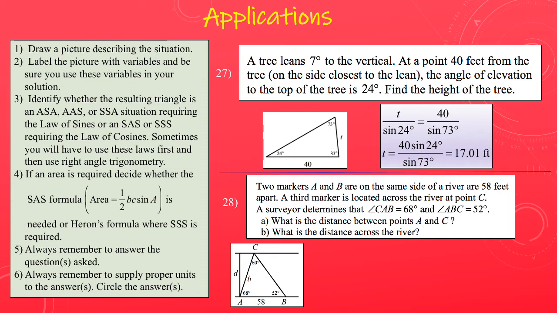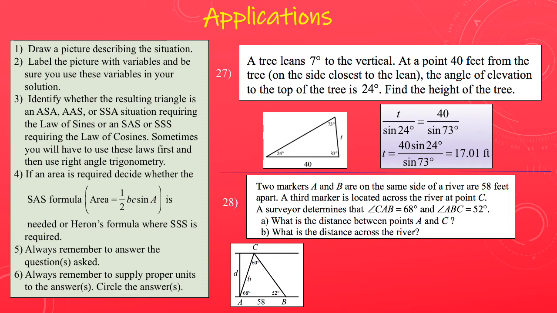The picture for 28 is not given, but it can easily be drawn if you take it slowly. We have a riverbank and two points A and B 58 feet apart. We have the other side of the river where there is a point C, and now we just fill in the angles. Angle CAB equals 68 degrees, angle ABC is equal to 52 degrees, and therefore angle C is equal to 60 degrees.